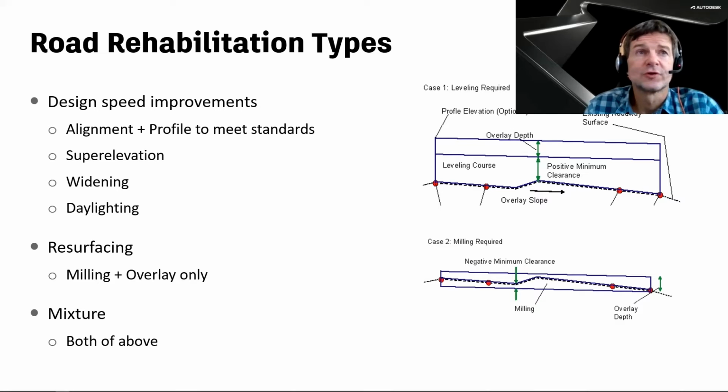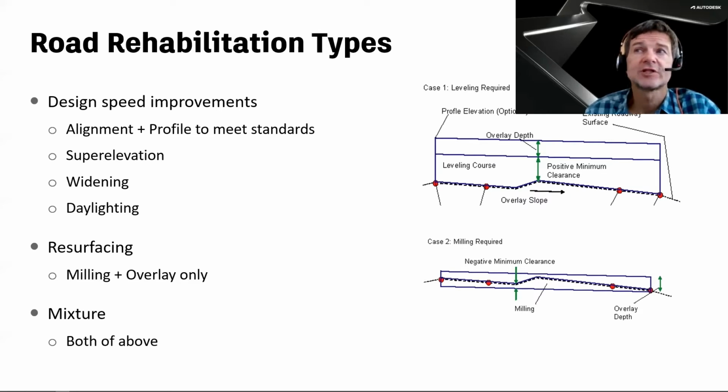So maybe you want to do only some design speed improvements, which means that you will redefine the alignment and profile to meet standards for higher speed. So you are in fact redesigning a road, including superelevation, widening, and so on and so forth. Or you want to make just a resurfacing, basically scarifying the top layers and making an overlay over this. Or it can be a mixture of both, so it really depends what you want to achieve.